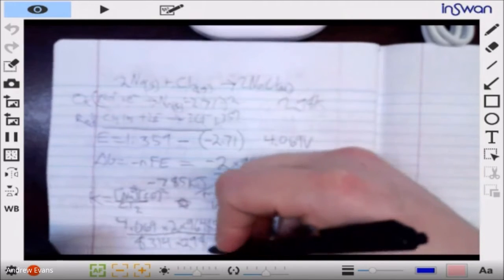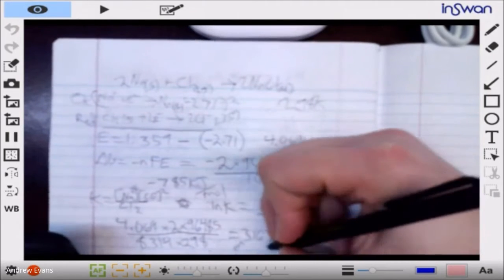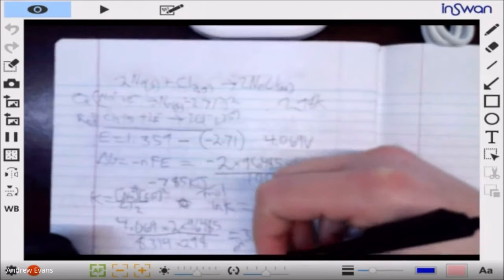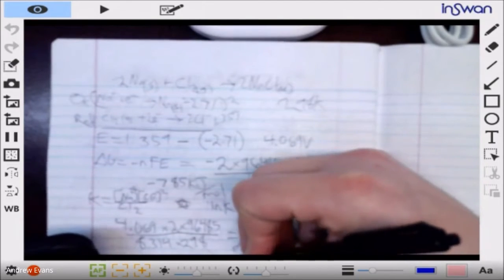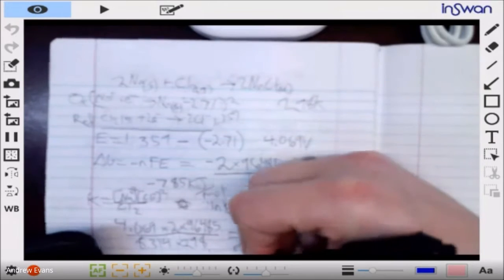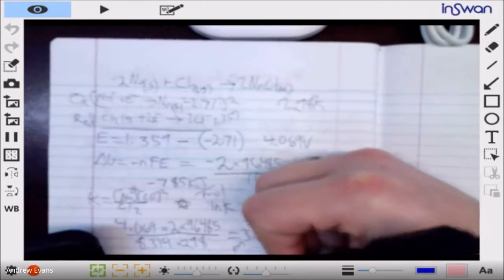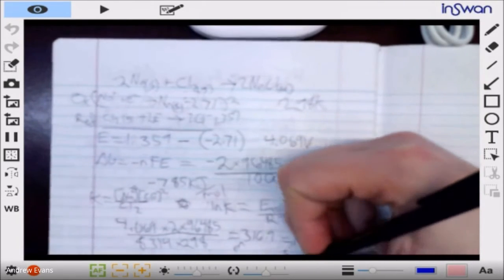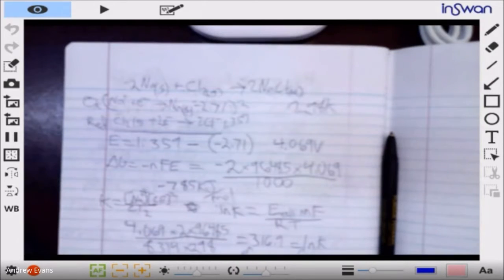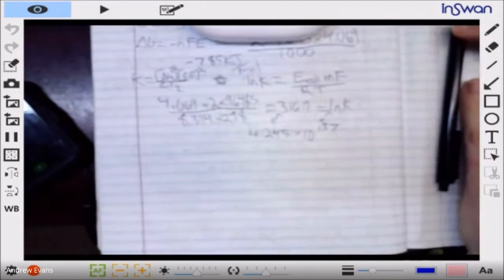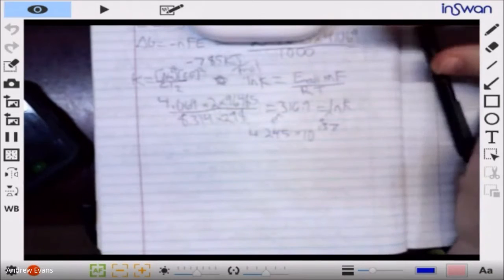The K, if I do the inverse log of both, I get 4.245 times 10 to the 137th. It's off the screen, sorry. 4.25 times 10 to the positive 137th.